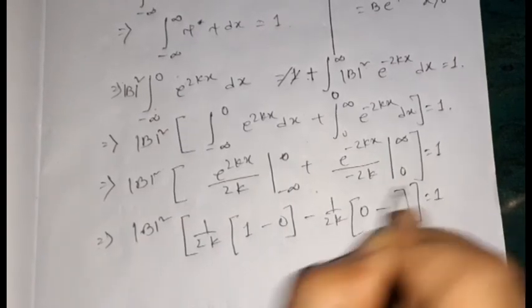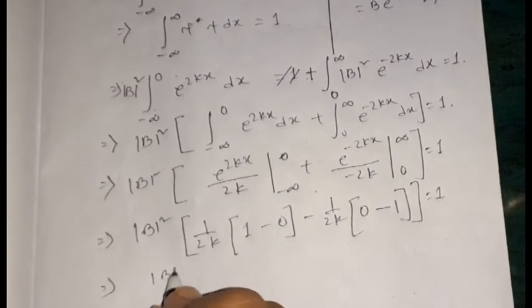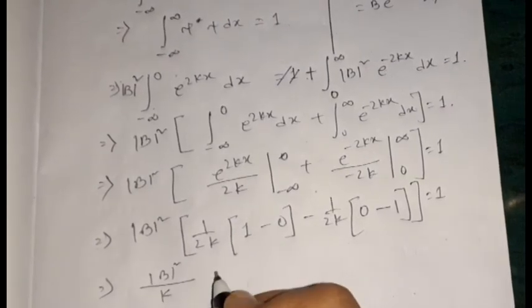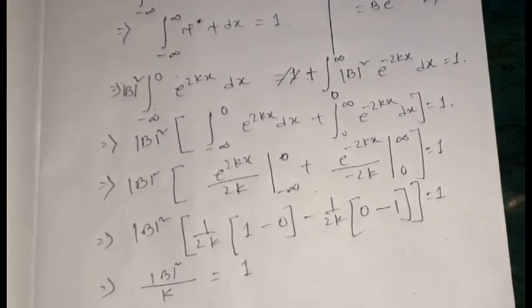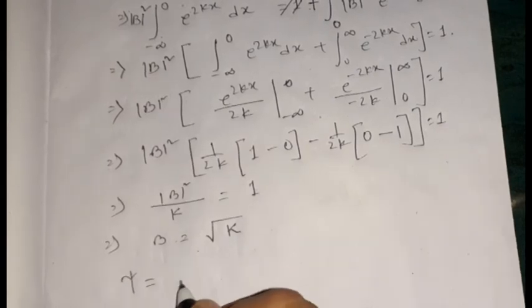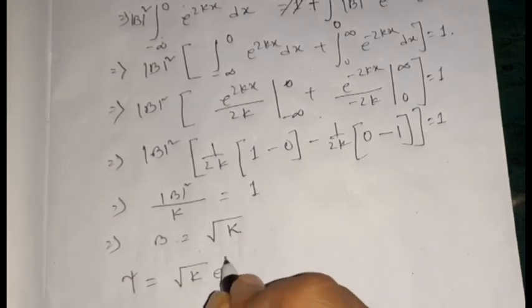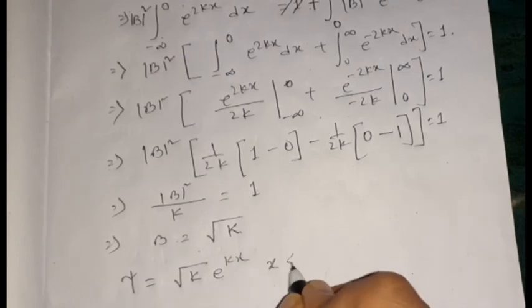So we get b squared over k is equal to 1. So b is equal to root k. So now our wave function is psi equal to root k e^(kx) for x less than 0 and root k e^(-kx) for x greater than 0.